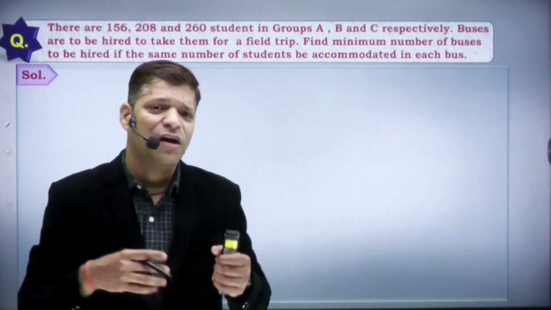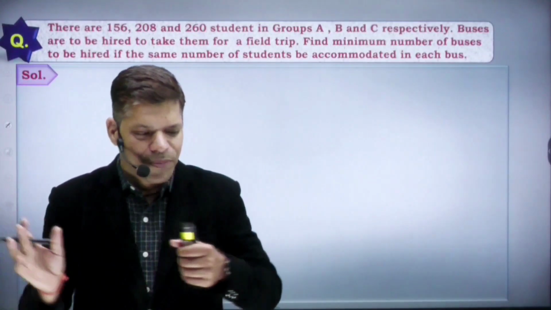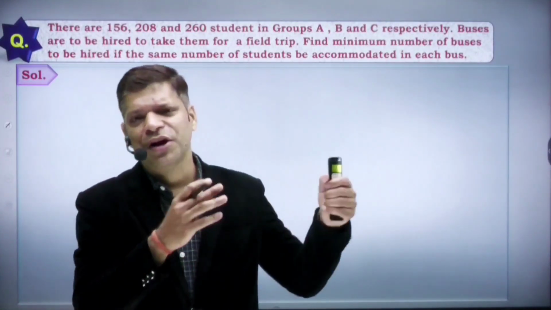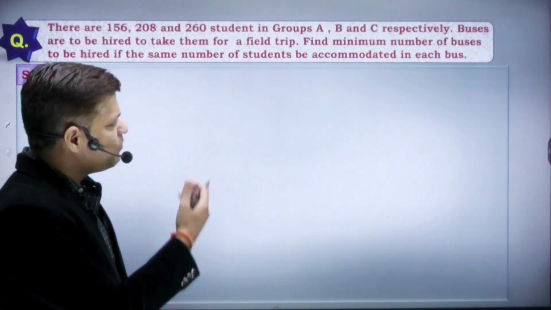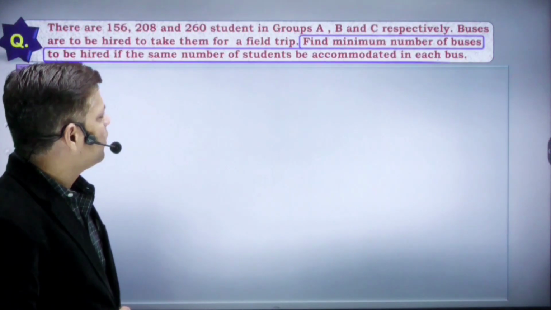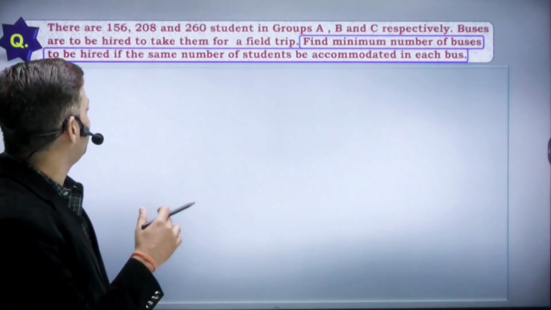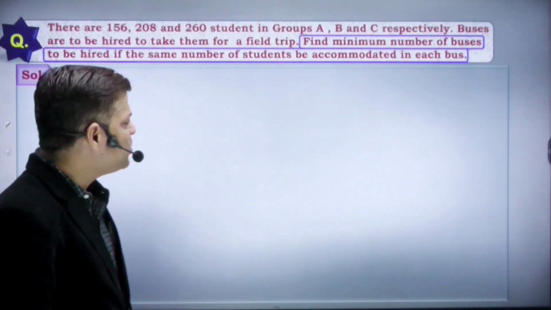For example, in a bus we have 42 seats. Okay, so now we have to calculate how many buses are required, because in multiples of 42 we have to check the number of buses. So it's the same concept we have to find out here. The minimum number of buses to be hired if the same number of students are accommodated in each bus.